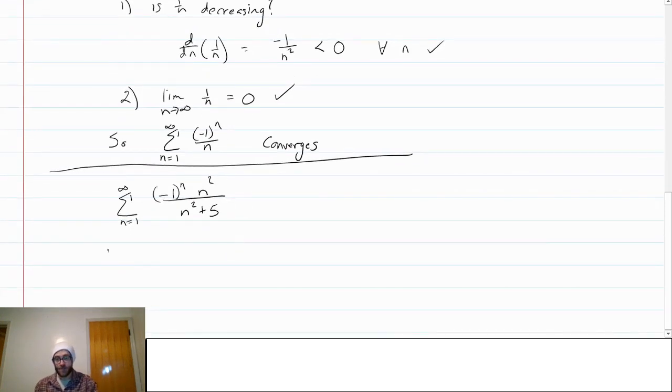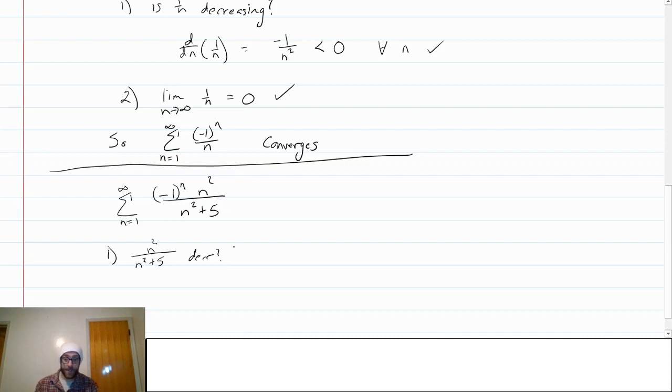Okay, so first we can parse it if we want, or we can just know that -1 to the n is the alternating part. So the first thing we want to know then is, is n squared over n squared plus 5 decreasing?